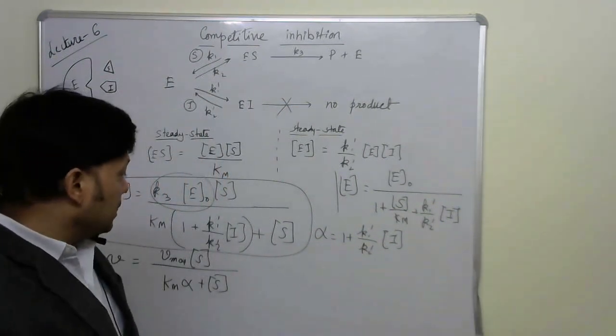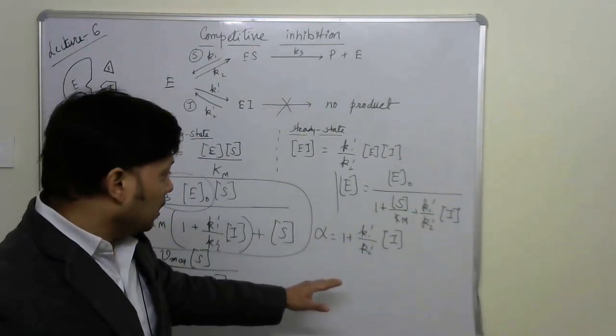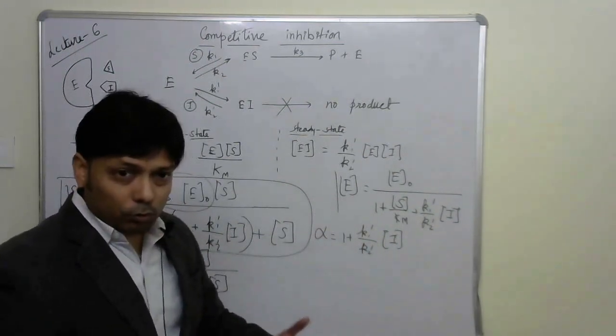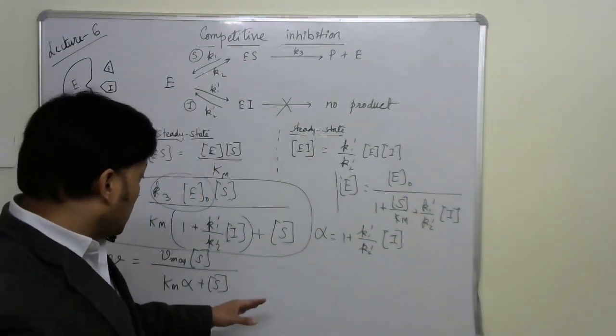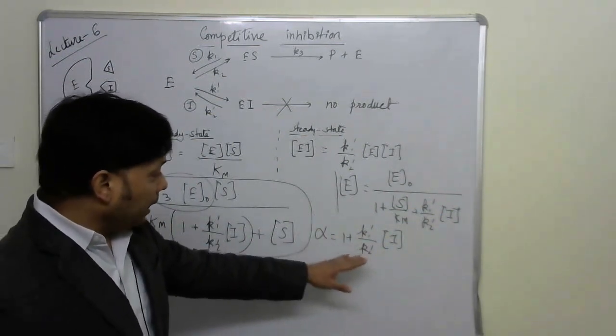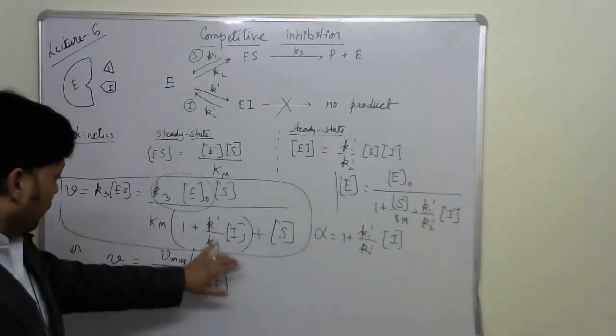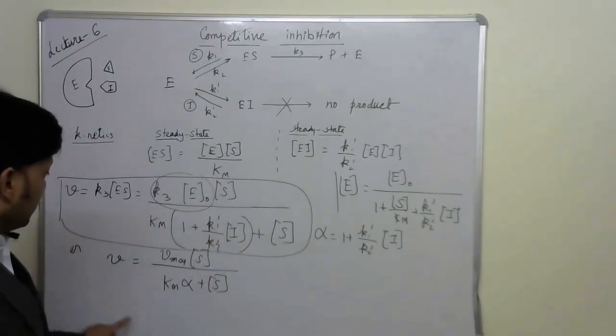That means if we change the inhibitor concentration, of course K1 prime and K2 prime will remain constant as long as we have the same inhibitor, but alpha is going to increase. Or if we change the I, alpha changes, and therefore it actually changes this inhibited velocity.